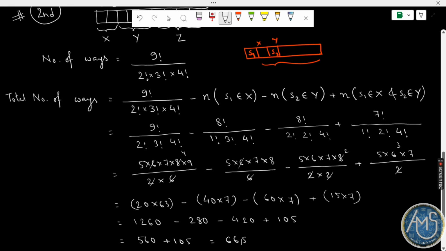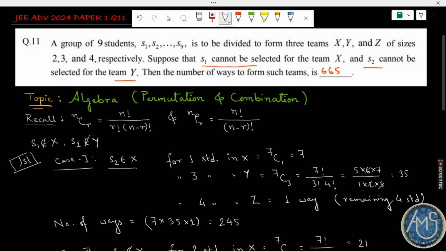So the answer is again 665. To solve this question, we need to know about the counting principle or just combinations. Even if you are using combinations, you also have to know about the counting principle, where we have to multiply and where we have to add. It is just basic principles. That's it. So the answer is 665.